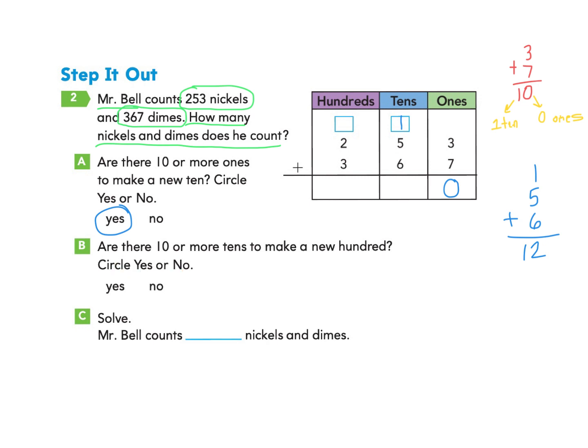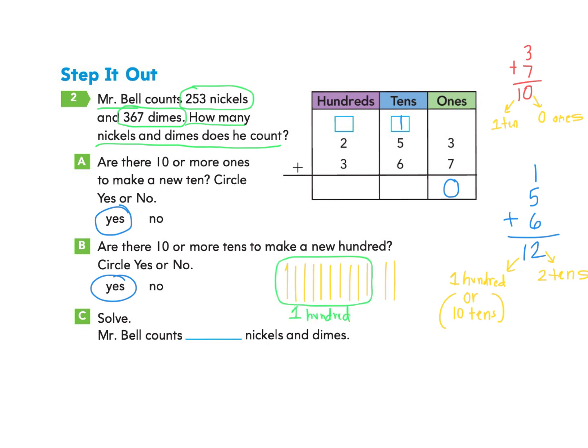Circle yes or no. We can circle yes because we know that there are 2 tens and 10 tens that can make 100. So we can take the number 12 and make it 100 and 2 tens, and we can write that into the equation. There are 2 tens and 100.